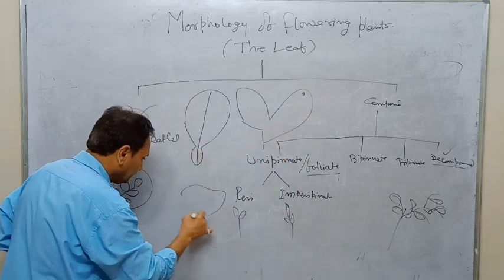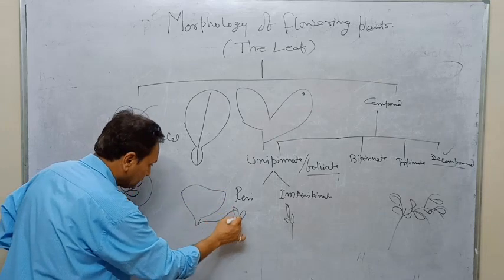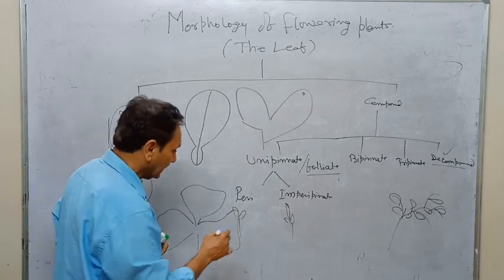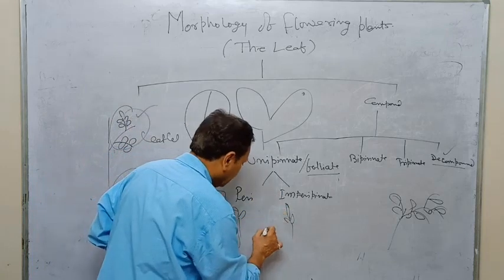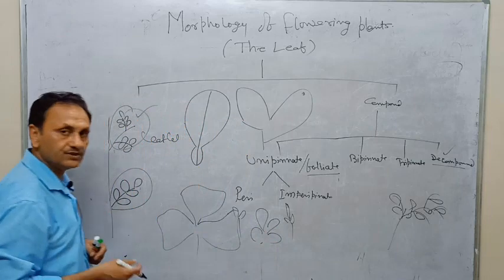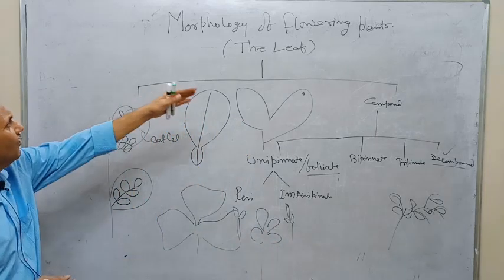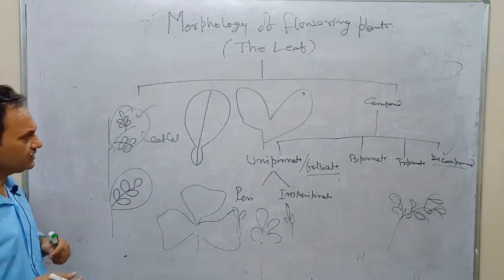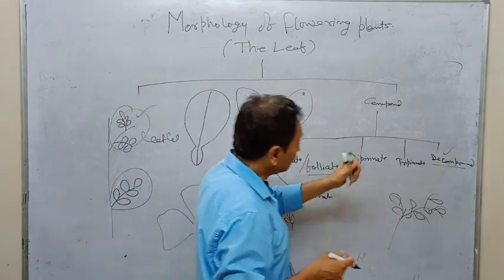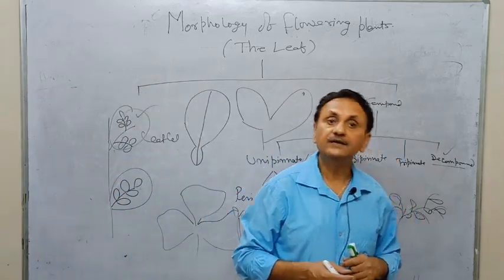If palmate leaf is like this, that is called trifoliate. And if the leaf has many more, that is called multifoliate. So this is all about the leaf. We will discuss later on about the modification of leaf and others.